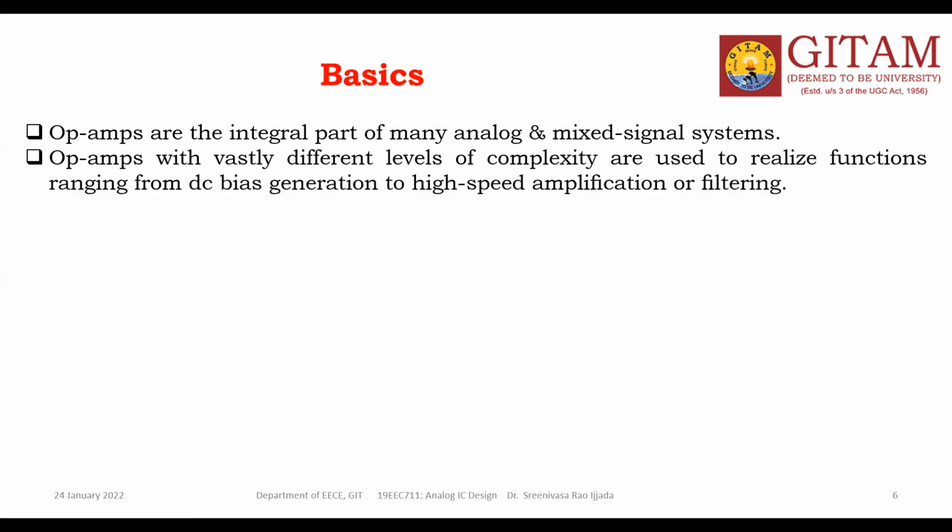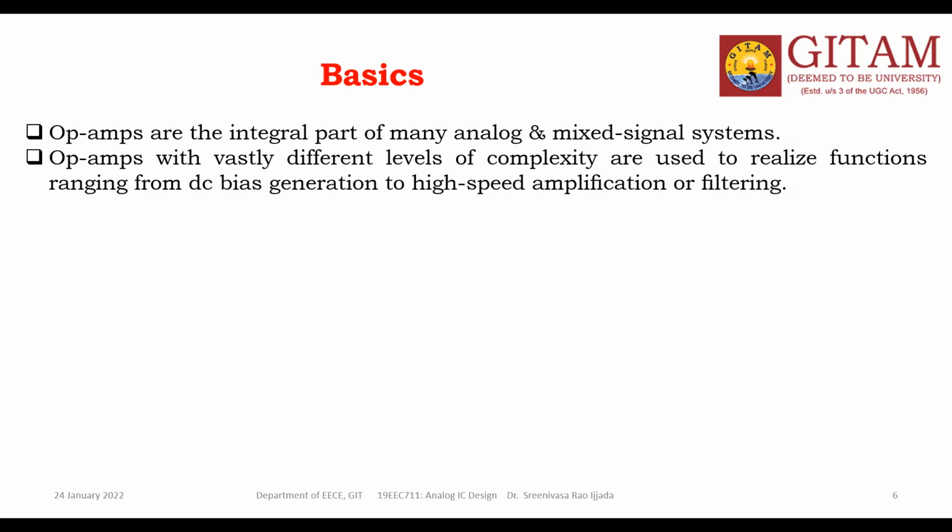Op amps with different levels of complexity are used to realize functions ranging from DC bias generation to high speed amplification or filtering. So there are simple op amps and complex op amps. Depending on the application or the requirement, the op amp complexity may vary. Sometimes we can use a simple op amp, sometimes we need a complex op amp.